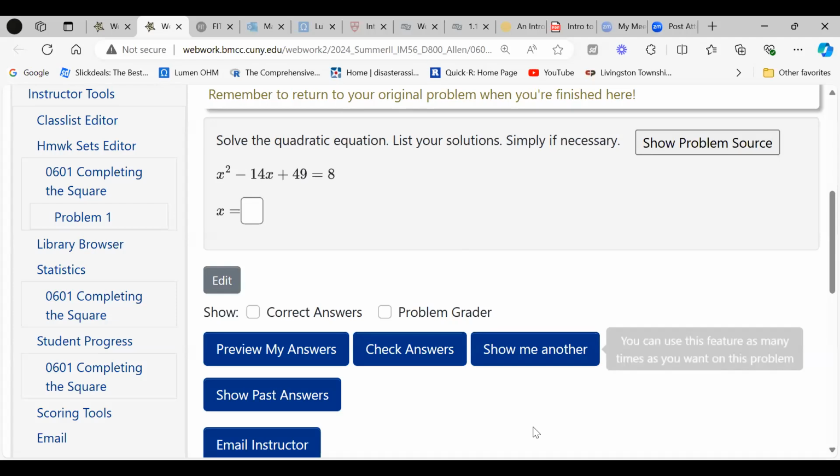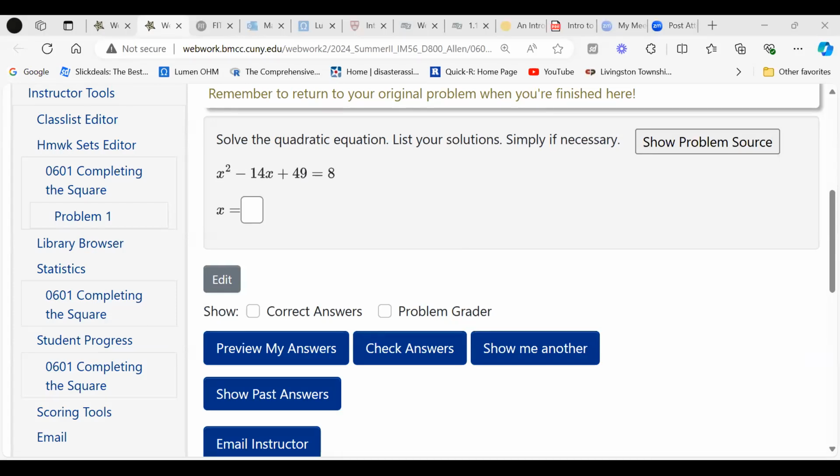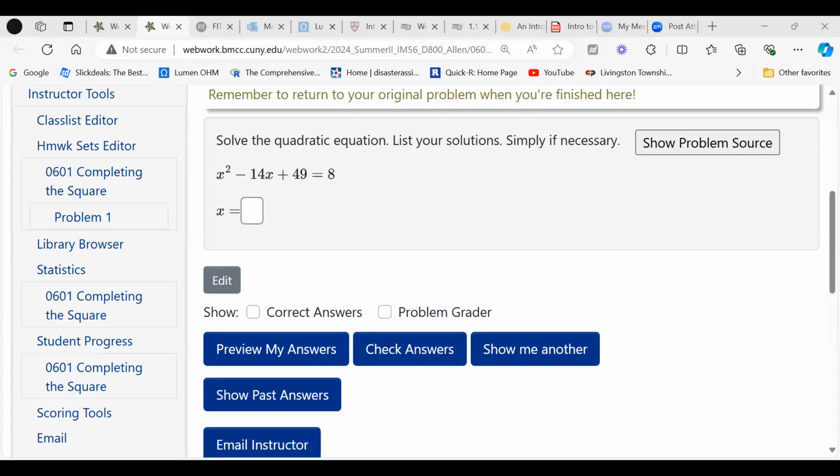Okay, so right here, we get on the left hand side a perfect square.